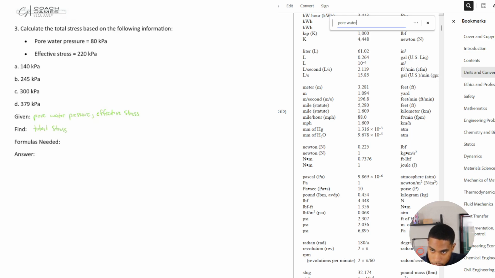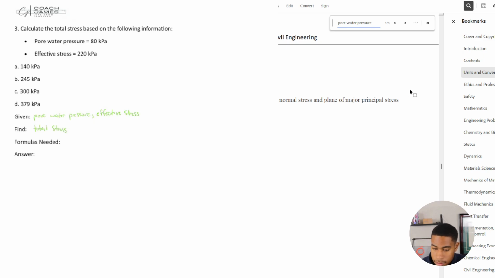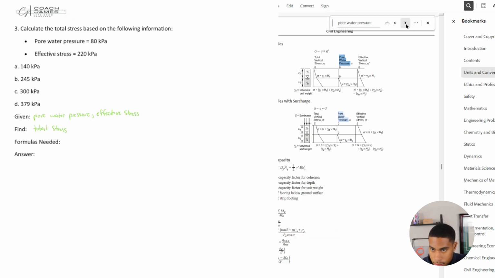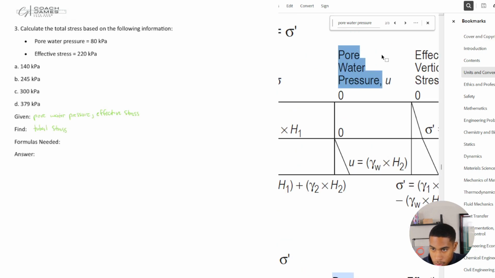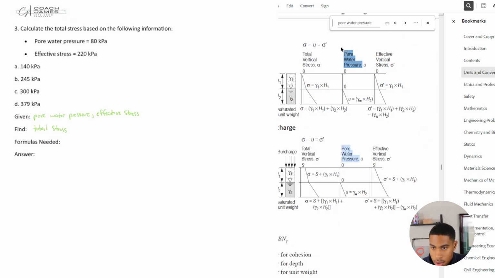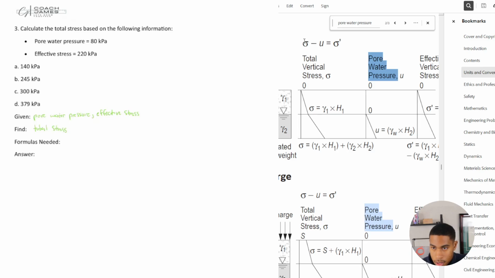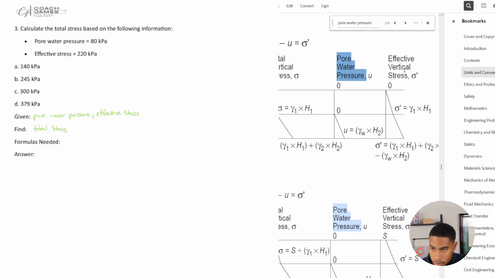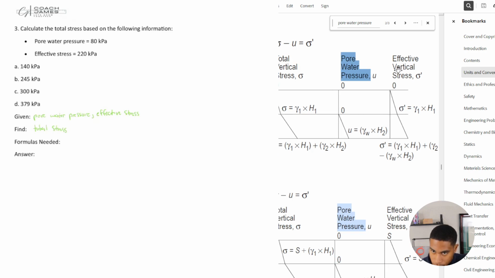All right, so pore water pressure, just searching that to hopefully get me roughly in the right area. Okay, so I know that pore water pressure is going to be the same thing as U. And typically, total stress minus pore water pressure, U, is equal to my effective stress.